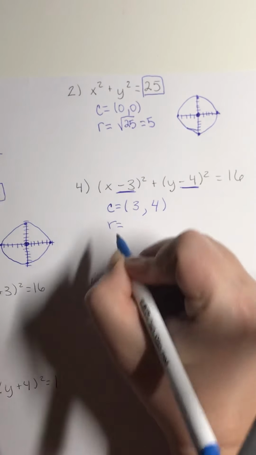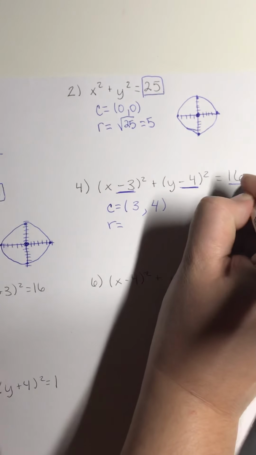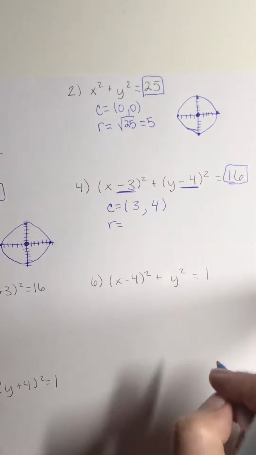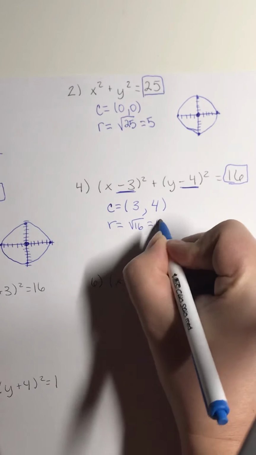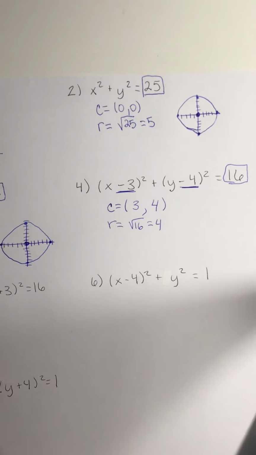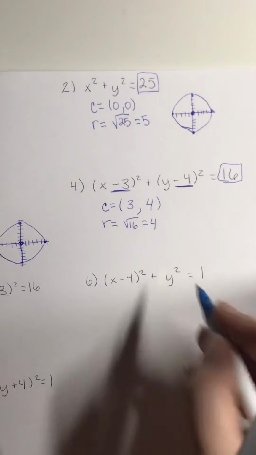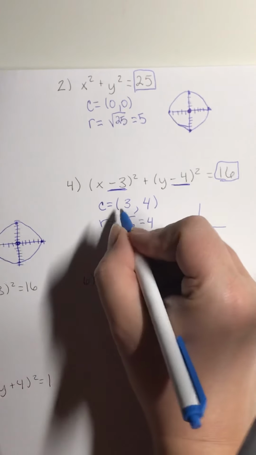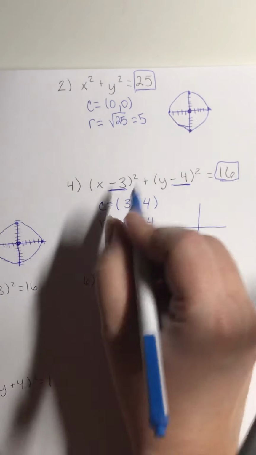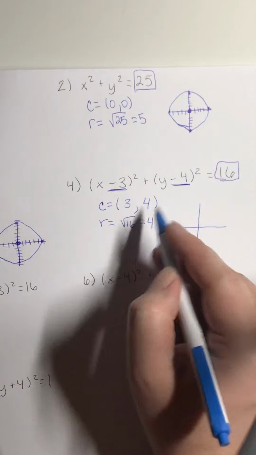Radius, square root, the number on the right hand side. So square root of 16 is 4. To graph that, same process, okay? We start by drawing our coordinate grid and plotting our center point, but this time our center is not at 0, 0, it's at 3, 4.